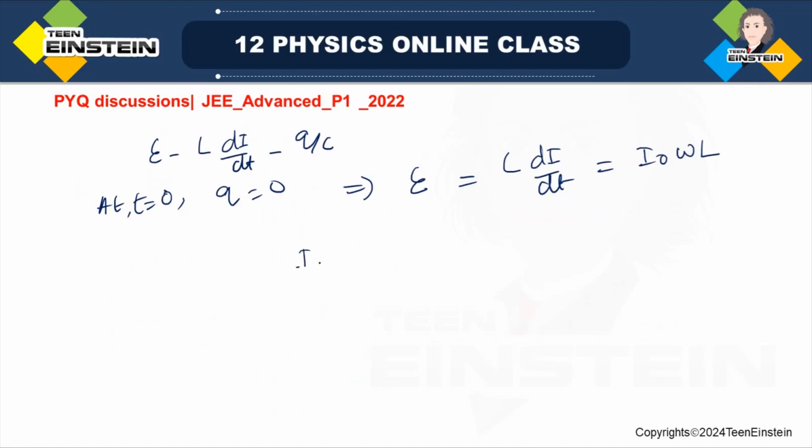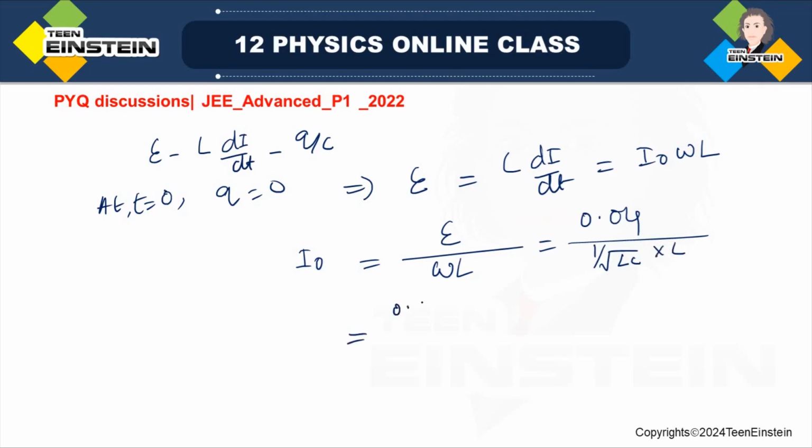So I have to actually find out I0, that is the amplitude of the current, EMF divided by omega into L. Okay, so E is 0.04, omega is 1 over root over LC into this is L. Let us find out the value for this.